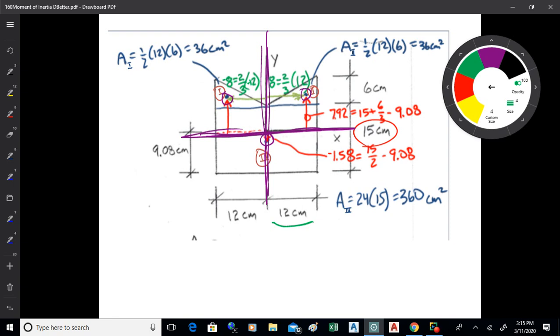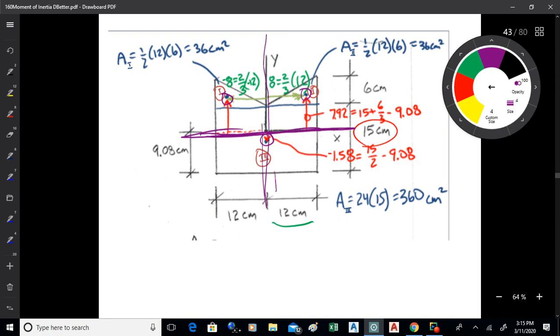So 2/3 of 12 in both cases is 8. I've got +8 for the one on the right, -8 for the one on the left. Although those signs, as it turns out, are not that important, because we're going to do some squaring, so we don't worry about the signs so much.